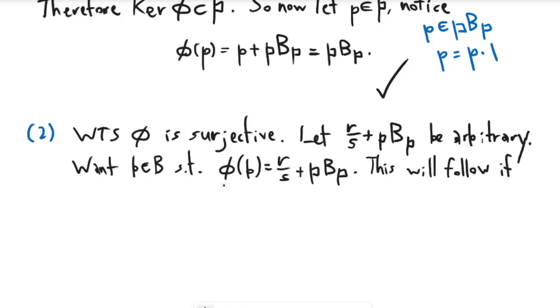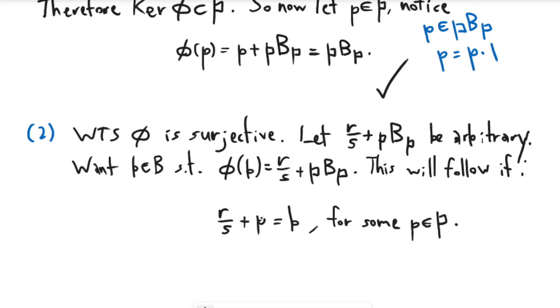So this will follow if the following holds: if R over S plus p is equal to b for some p in the ideal P. Right?